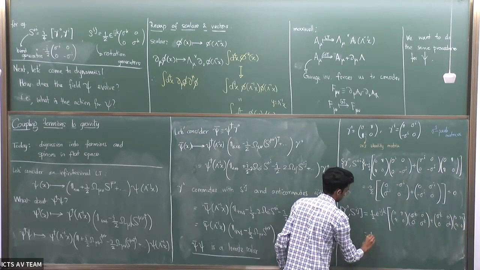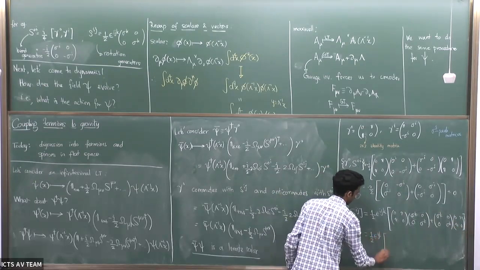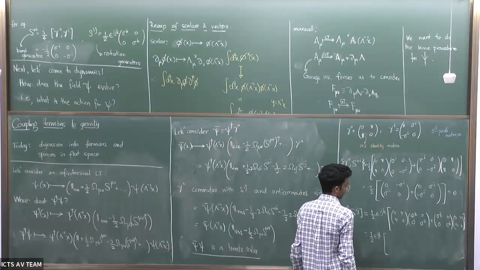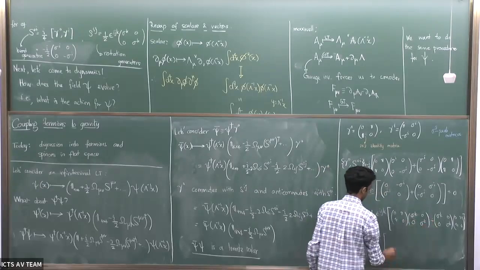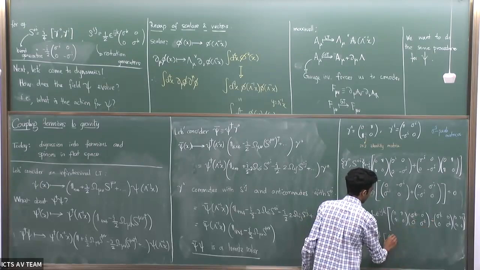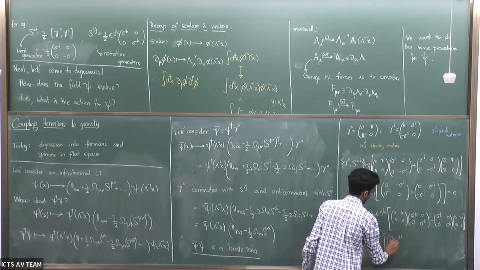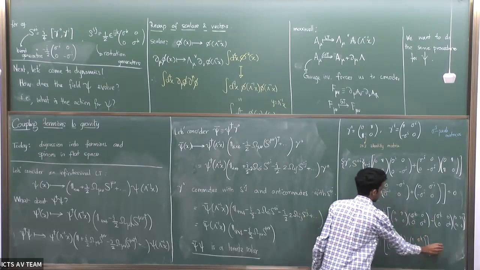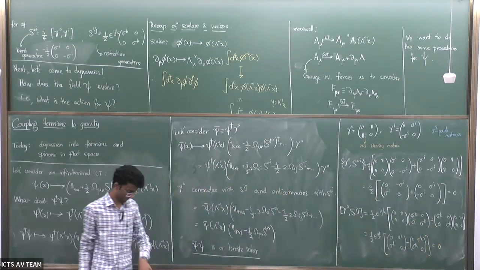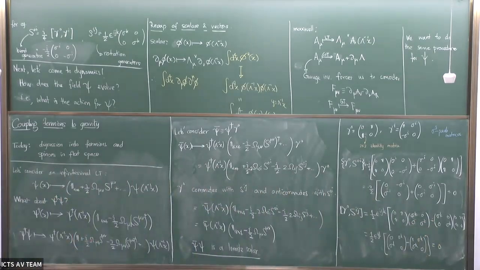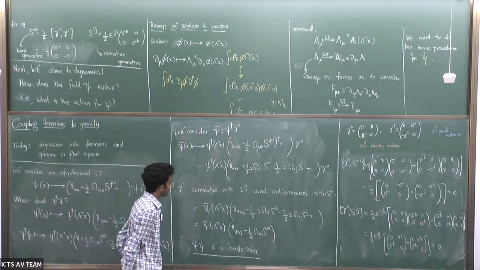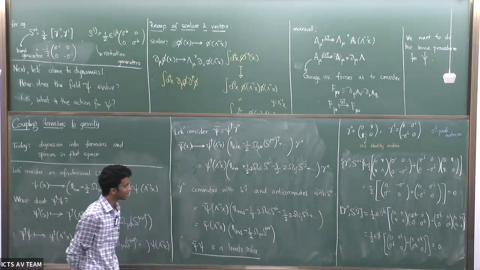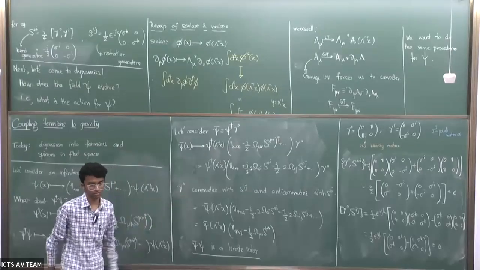Okay, which is half, sorry, minus, 0 sigma k 0 minus 0 sigma k 0. So I proved both these statements, that gamma 0 commutes with Sij and anti-commutes with S0i.